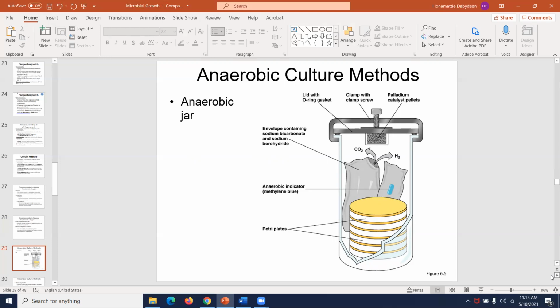So we have to create an environment that is free of atmospheric oxygen. How do we do that? There are many ways, but one way is to put our plates that have been inoculated with the anaerobic organism in a jar and seal it.